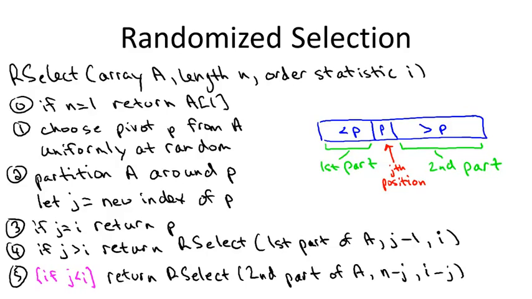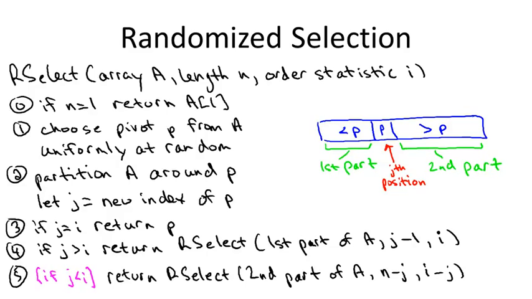We're safe recursing on the second part, those elements bigger than the pivot. Having thrown out the j smallest elements, we're recursing on an array of length n minus j, and we're looking for the i minus j smallest element in those that remain, having already thrown out the j smallest from the input array. So that's randomized selection.